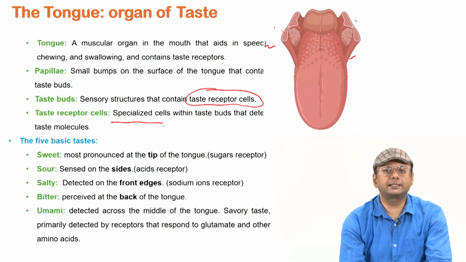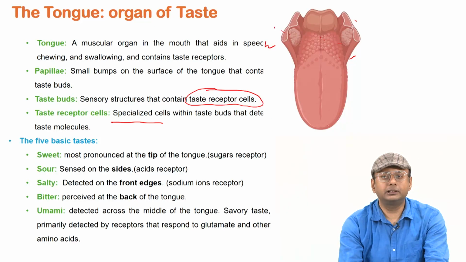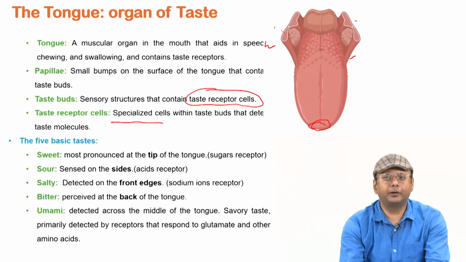So in the case of sweet taste, it can be sensed at the tip of the tongue. Okay. In the case of sour taste, it is detected on the sides.